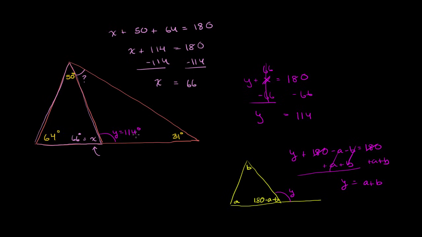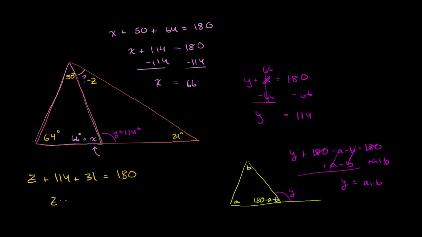So if y is 114 degrees, now we know this angle. We were given this angle at the beginning. Now we just have to figure out this third angle in this triangle. So if we call this question mark z, we know that z plus 114 plus 31 is equal to 180 degrees. The sums of the measures of the angles inside of a triangle add up to 180 degrees. That's the only property we're using in this step.